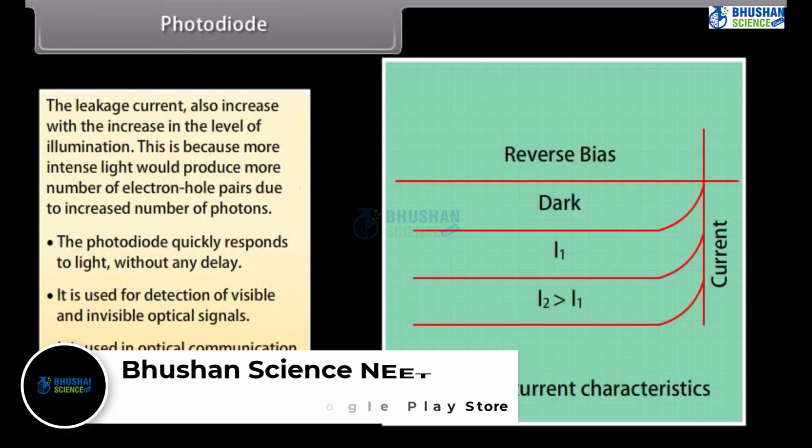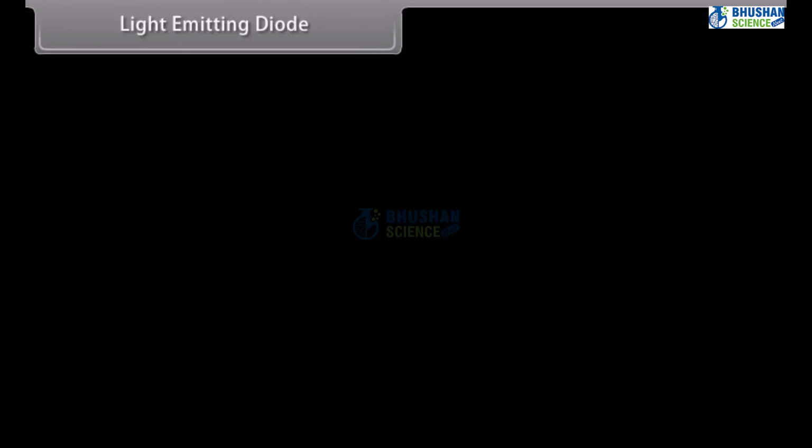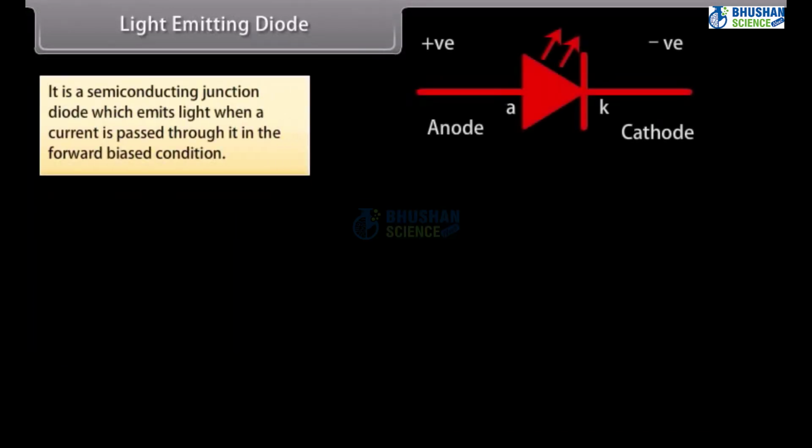Light-emitting diode. It is a semiconducting junction diode which emits light when a current is passed through it in the forward biased condition. It is a p-n junction made of gallium arsenide, GaAs, or some other suitable semiconducting material. The p layer is made thin so that light energy may reach the charge-depleted region after traveling a very short distance.